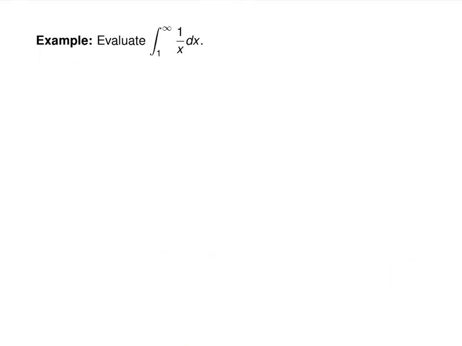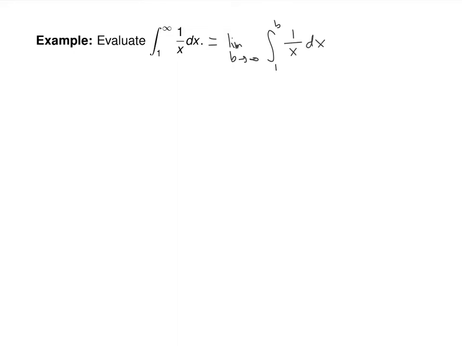Before you think that every single integral must converge, let's talk about one that does not. So you have the integral from 1 to infinity of 1/x dx. Use your notation properly and make a limit: the limit as b goes to infinity of the integral from 1 to b of 1/x dx.